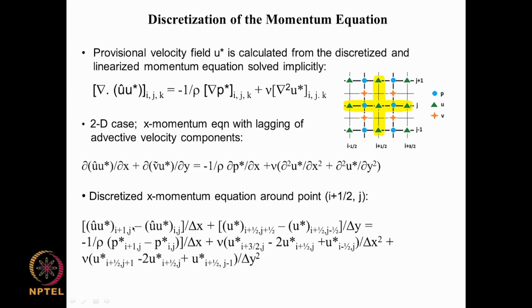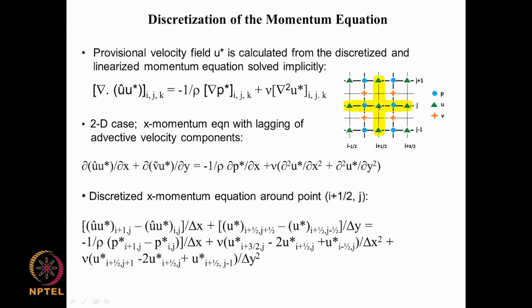So we can write this as u star at I plus 1 j minus u star at I j divided by delta x plus this should be... so we take this point here, this is at I plus half j, and then we make a control volume which is spreading over this half.